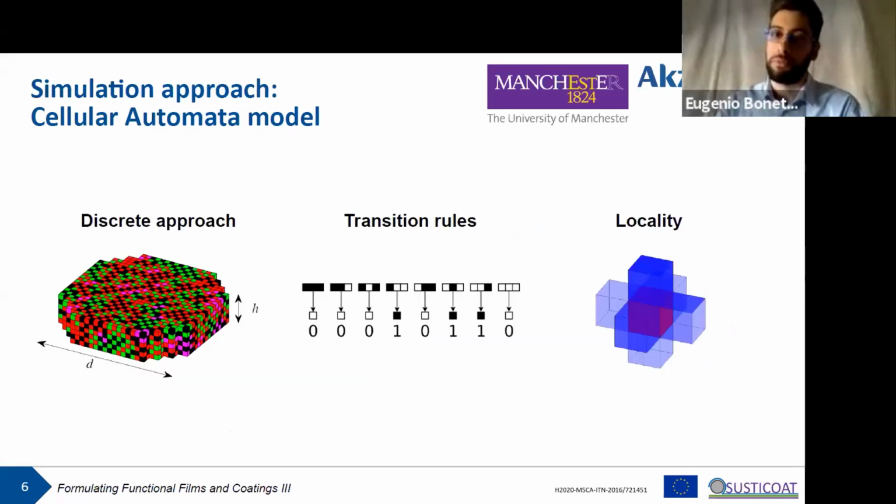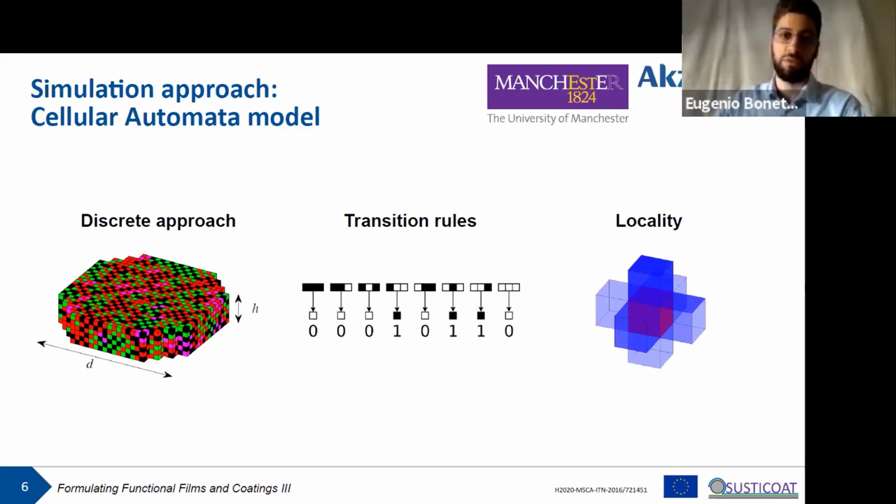Just a brief mention of the simulation approach, which is called the Cellular Automata model. It's a discrete method, so the system, the coating, is made of elementary units. In this case, in 3 dimensions, they are cubes or voxels, and each cell is characterized by a state, sort of a label that evolves.